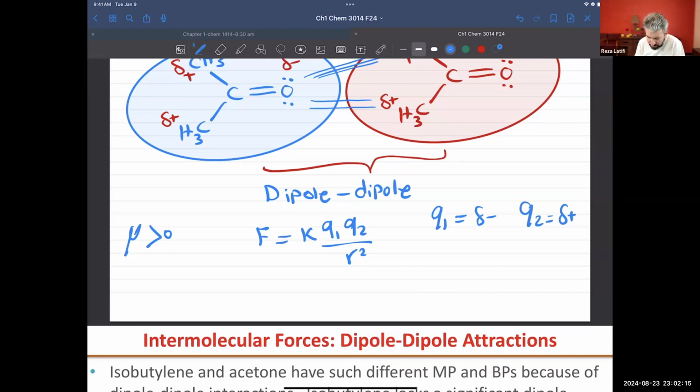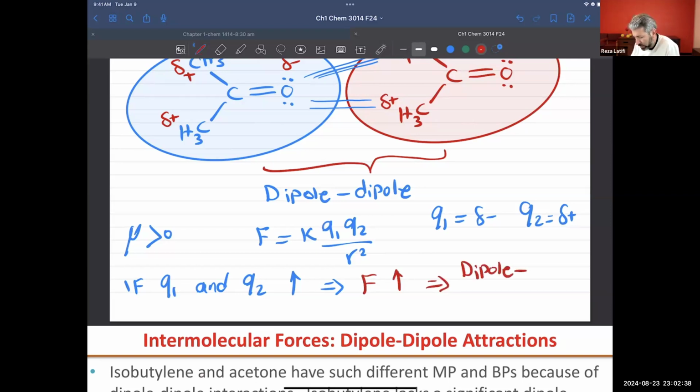So if Q1 and Q2 values go up, the force will go up. That means the dipole interaction will be stronger.